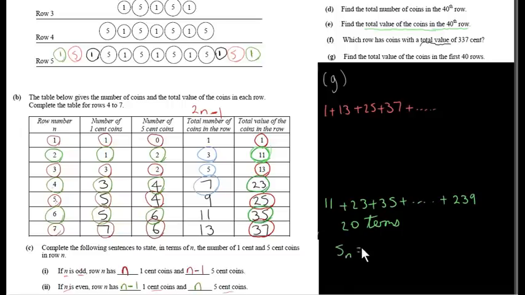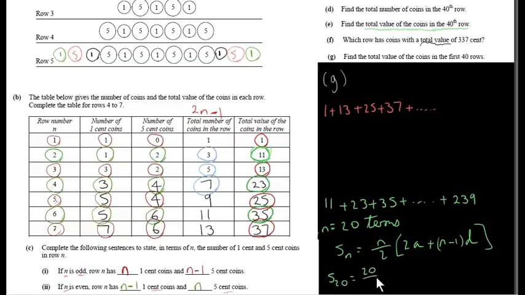The sum of a series Sn is n over 2 into 2a plus n minus 1 times d. That's the formula for the sum of an arithmetic series. Now this n has nothing to do with the n here, of course. This n is just the number of terms in this series. There are 20 terms in the series, so we want S20.